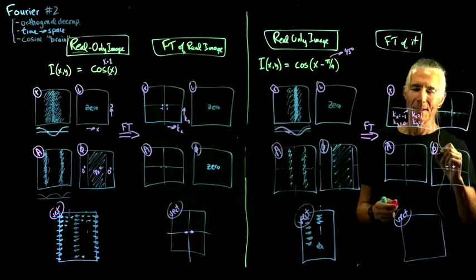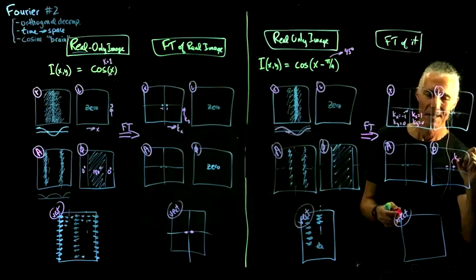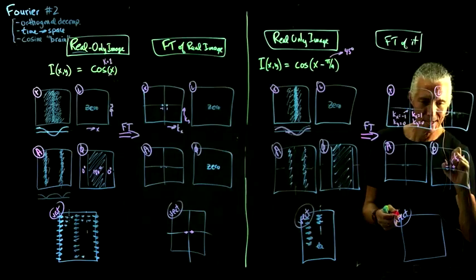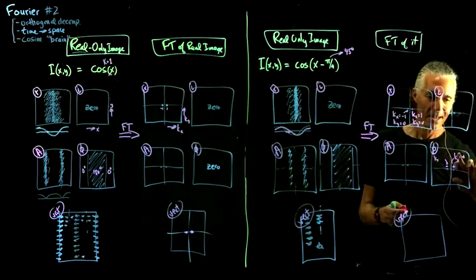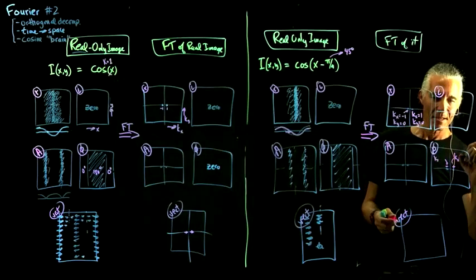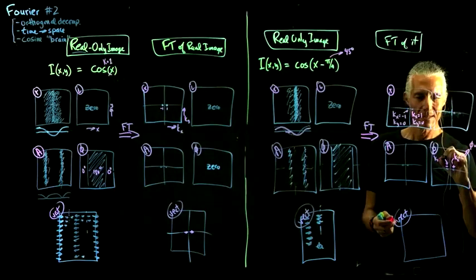So at kx equals 1, the phase is positive. At kx equals -1, the phase is negative.